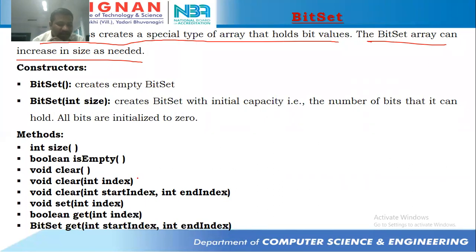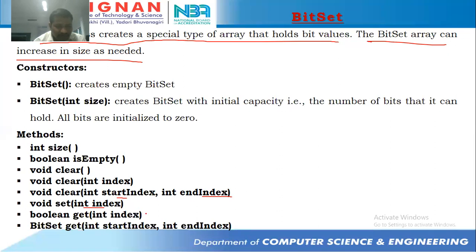Void clear(int index) means at a specific index it clears that particular bit. And it clears from one index to another index. And set means it is used to set the bit at an appropriate index.